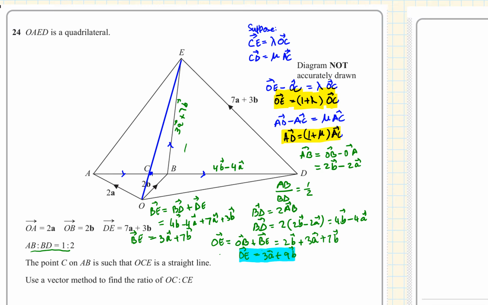So AD is equal to AB plus BD, and that is equal to AB, which we just wrote as 2b minus 2a, plus BD. BD is 4b minus 4a.